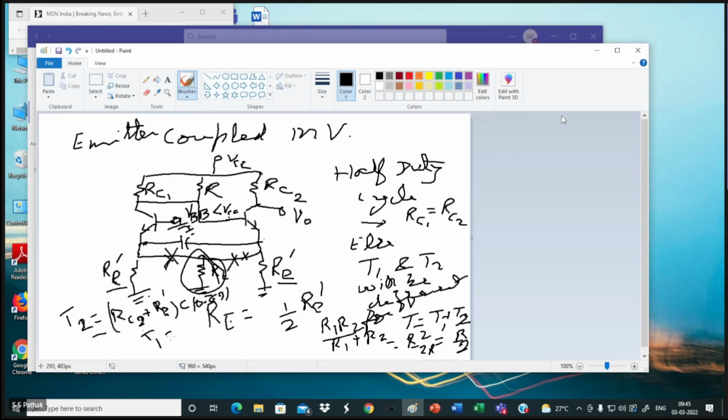It will be remaining high till the period T1. Okay, and that is your (RC1 plus RE dash) into C into 0.69.